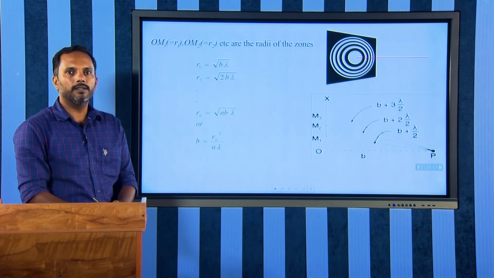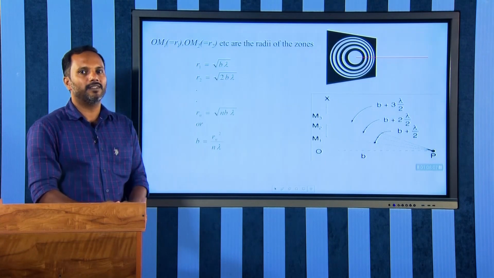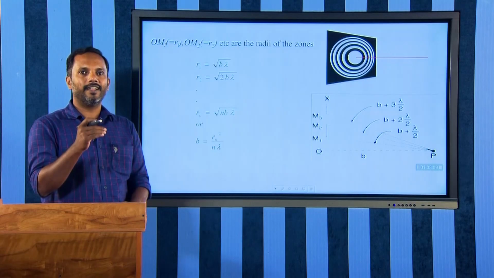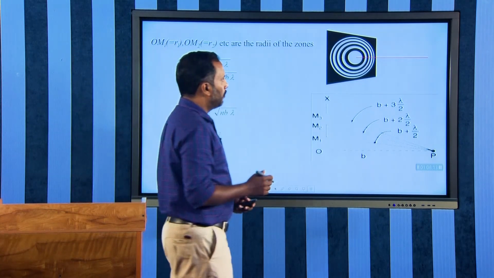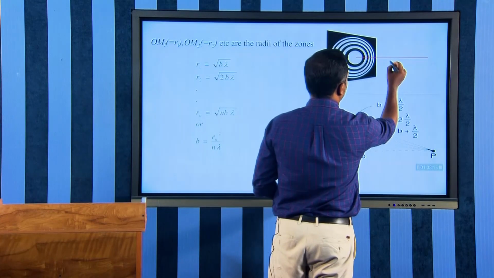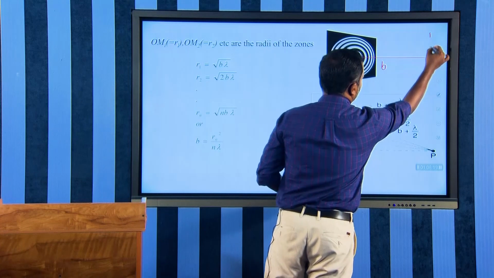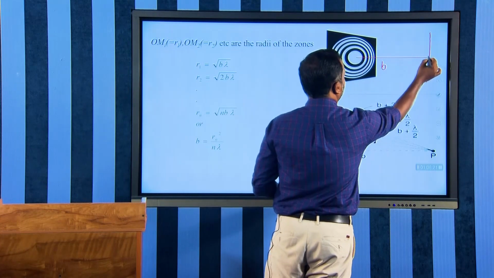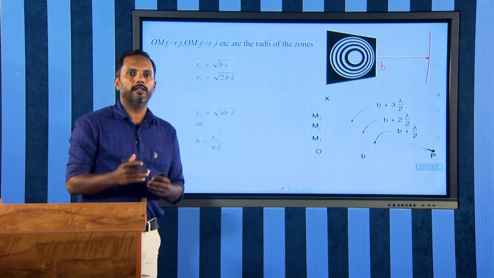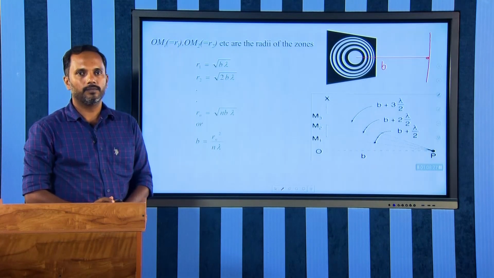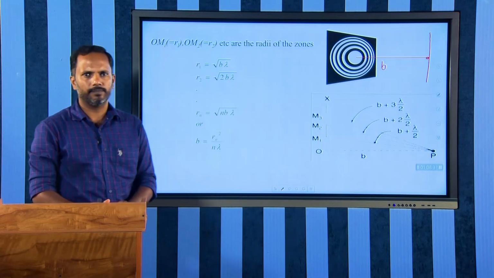Let us consider that we observe the maximum brightness at some position on the screen, say at a distance b centimeter from the zone plate. Assume there is a screen over here.